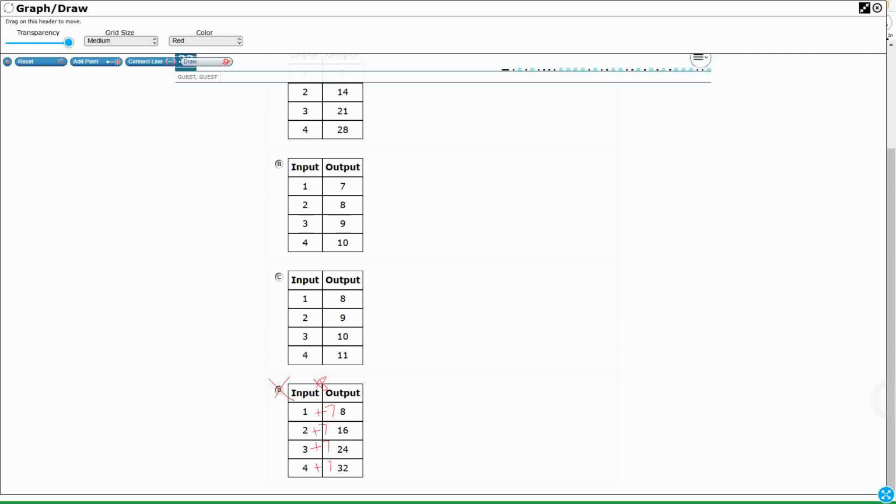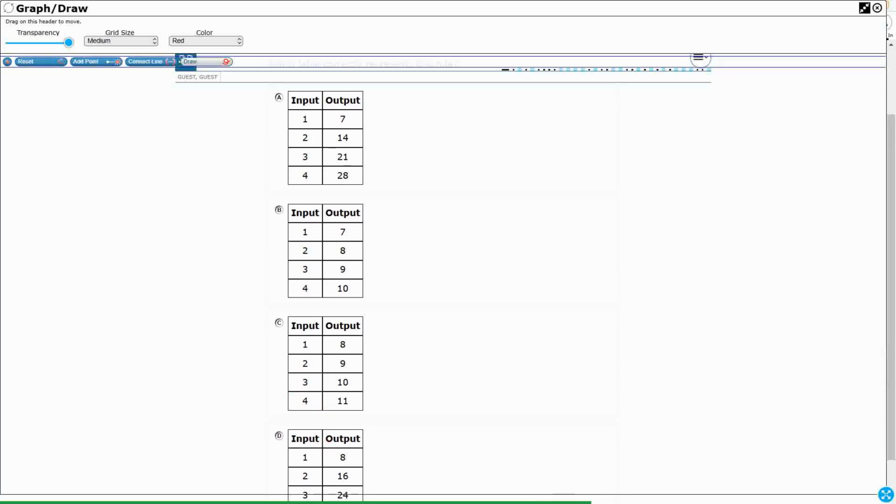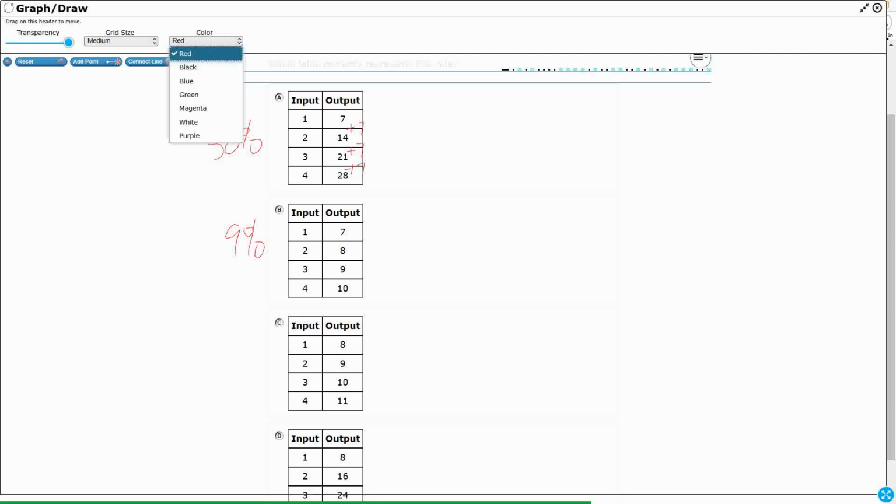But how did we do across the state of Texas? Well, we had 30% of our students get this incorrect answer, A. That's the most chosen incorrect. Remember, this was the plus 7 on the outputs. So they just got it confused on which direction the plus 7 was going to work. Our correct answer of C got 57%.